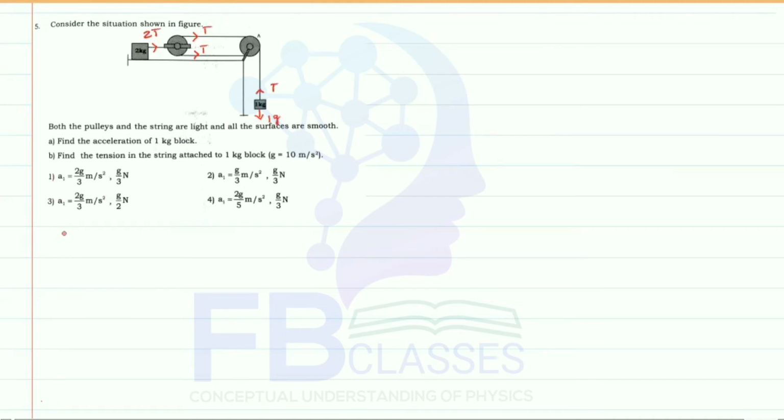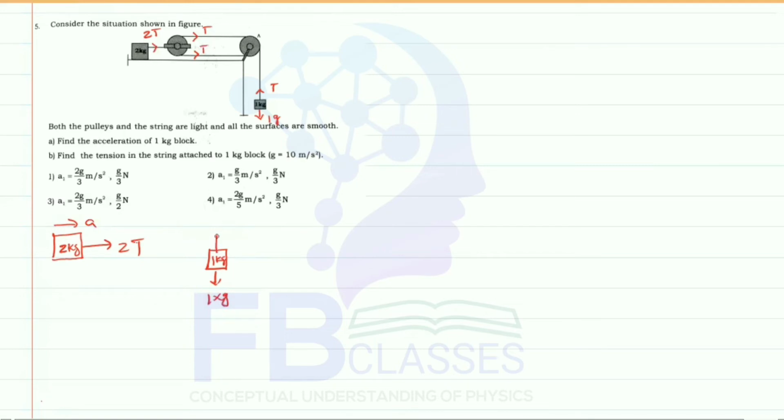So here I am going to draw the free body diagram for the 2 kg block. See here, on the right side is the tension 2T, this is a 2 kg block. Let's consider the acceleration is towards the right. Now the 1 kg block free body diagram: downwards is mg, that is 1 into g, right?